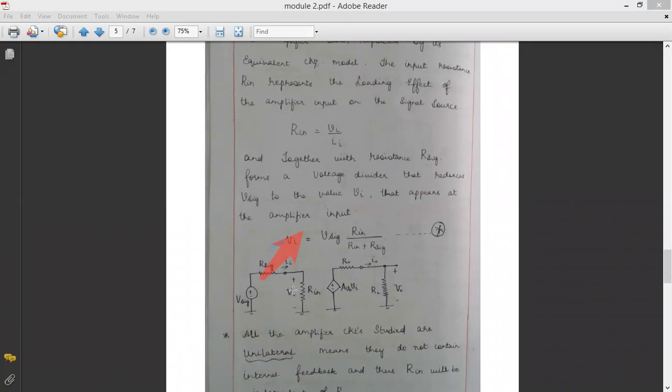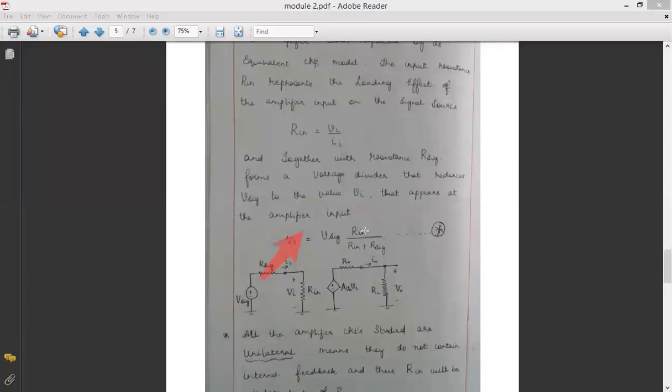VI is V signal into Rin divided by Rin plus R signal. Why do we call this Rin the resistance which is used to avoid the loading effect? This Rin will usually be a very, very high value.